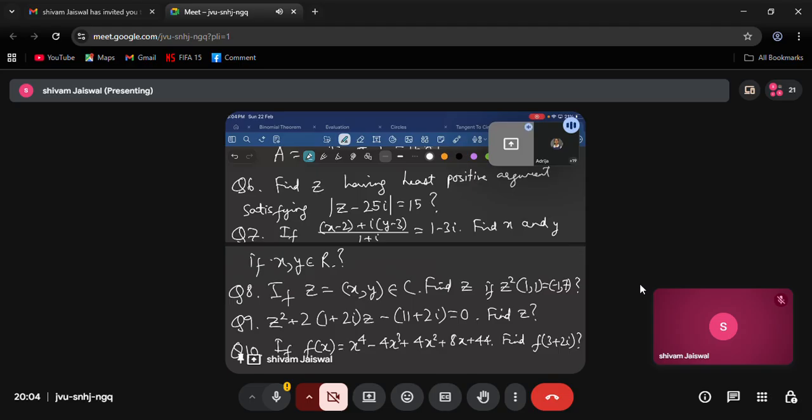Somali number 8 is correct. Adrito 8 is correct. Somali, the answer you wrote, is that the answer of number 8 or 9? Sir, number 9. Sorry. 9 is correct. Shinika 7 is correct.